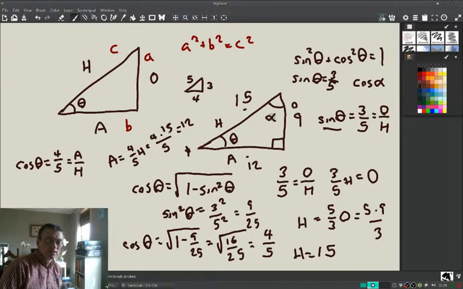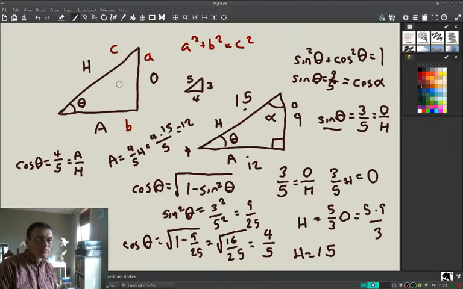Cosine is adjacent. For this alpha, this is going to be the adjacent side, the same as the opposite side over hypotenuse. So if you have co-angles, notice that that's going to be the same thing. So the other function is the same for that angle, for sine and cosine. Okay?